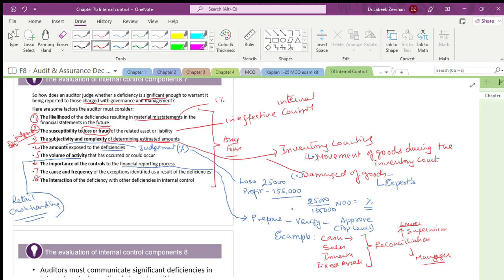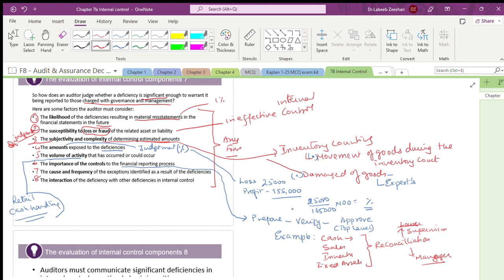Then only the document will be valid. If a clerk prepares a reconciliation and it is not approved by the top level, the document will not be valid. That is why controls are important. Here the control is the manager who approves the statement prepared by the clerk.